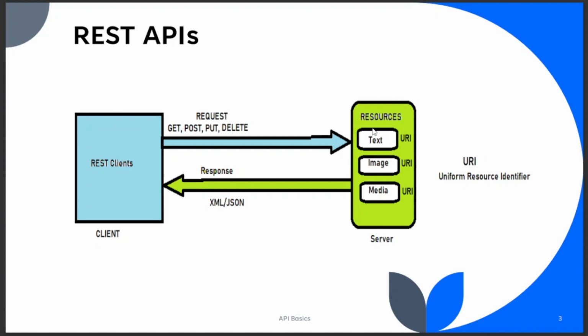Everything is a resource, guys. May it be text, image or media, everything is a resource, and we can identify these resources by means of a URI. URI is Uniform Resource Identifier. Once you have a URI, you can identify the resource, may it be text, image or media, anything present on the server.